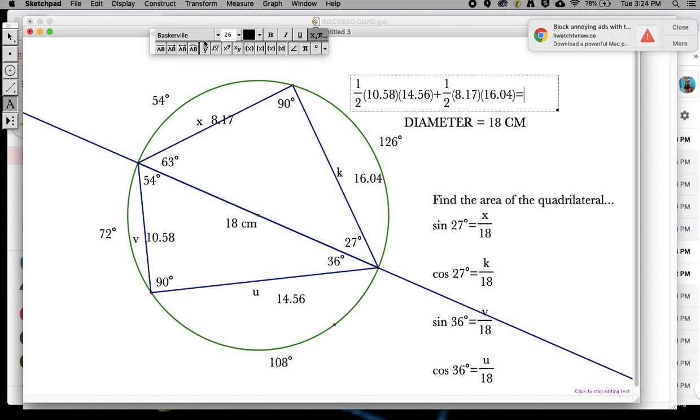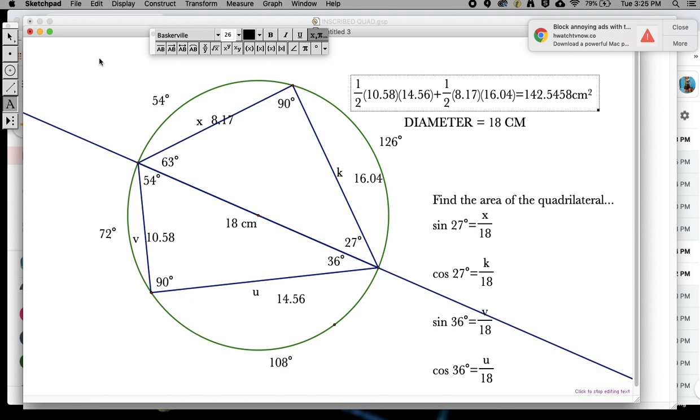And that gives me 142.5458, so that's 142.5458 square centimeters, because it's area. So it's going to be squared, and there we have it.